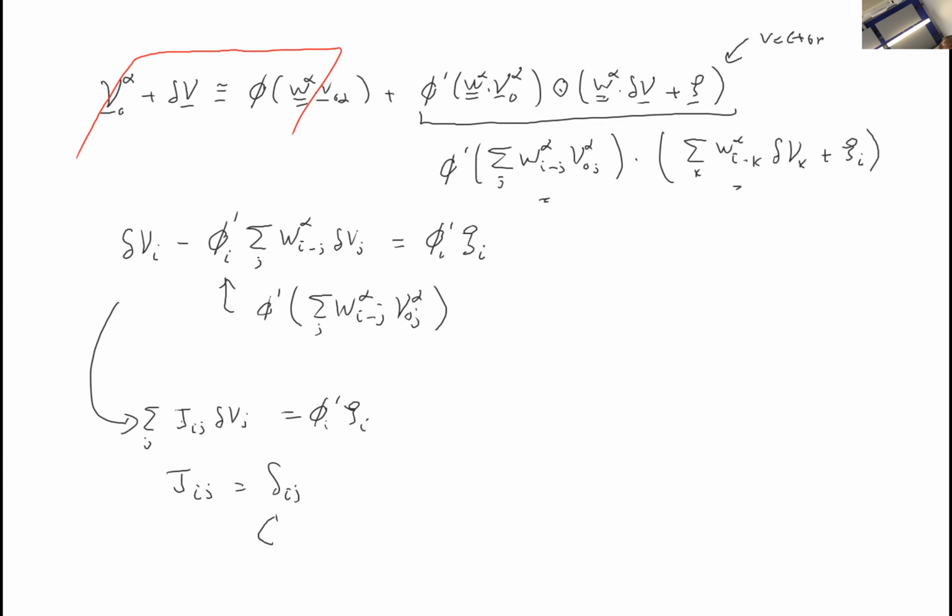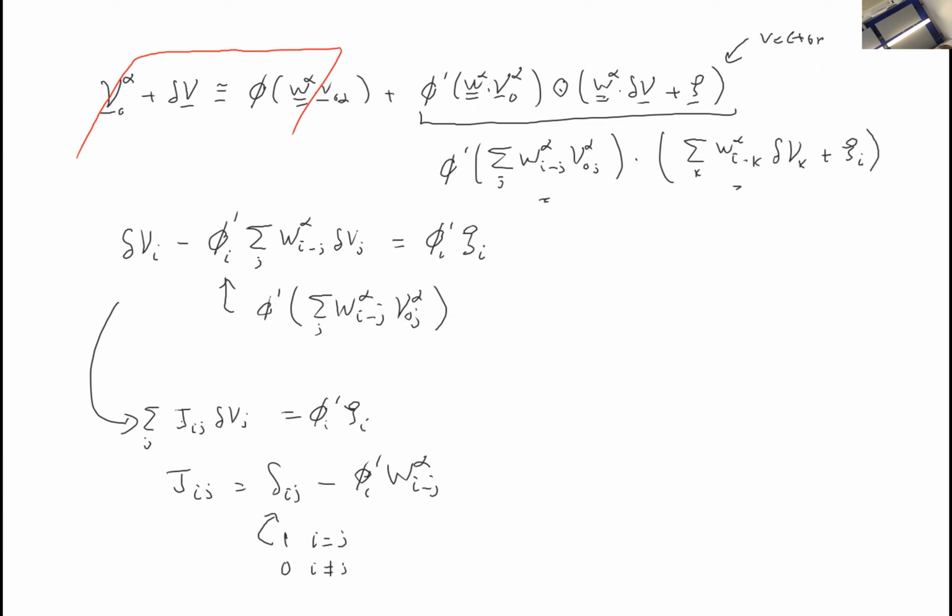So this is 1 if i equals j and 0 if i not equal to j, minus phi i prime w i minus j alpha. Okay, so all we have to do is invert this matrix.